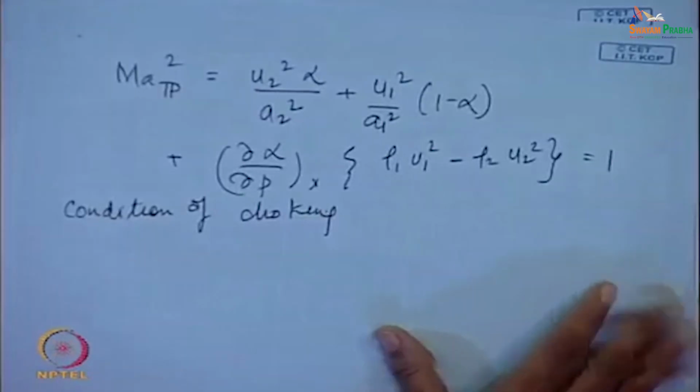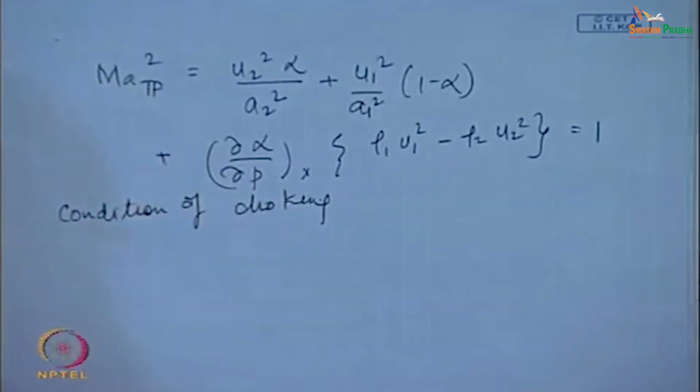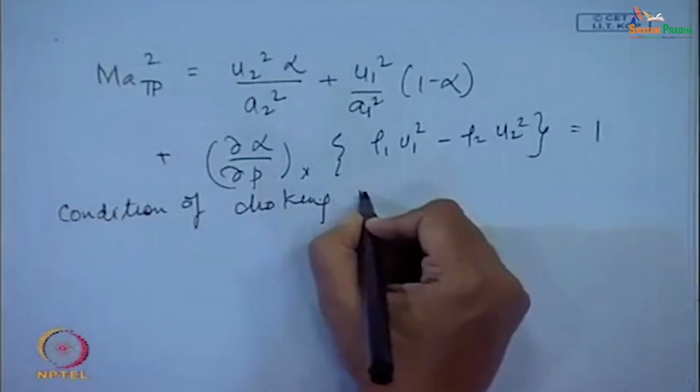In other words, x can be obtained from the enthalpy balance or the heat balance equation, is it not? But for flashing, x is a function both of enthalpy as well as pressure. So, the equation which I have derived here is applicable to the condition of choking in absence of flashing.